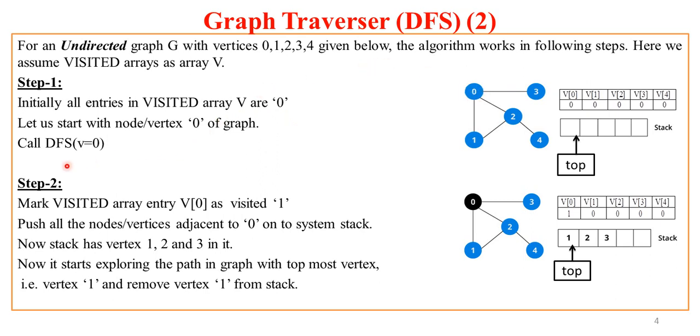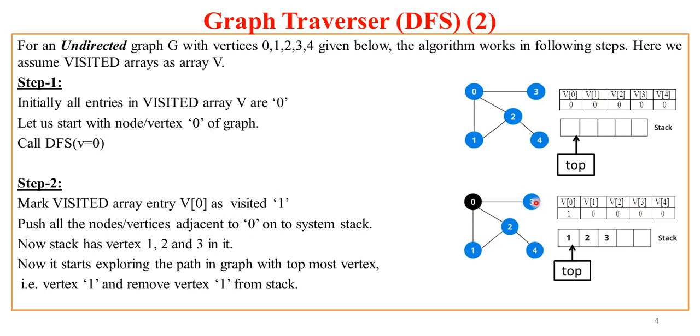As soon as we give a call to DFS with starting vertex 0, the algorithm will mark that node as visited, as we have already explored this node, and will push all the nodes adjacent to 0 onto the system stack. These nodes can be pushed either in the order 1, 2, 3 or 3 to 1.